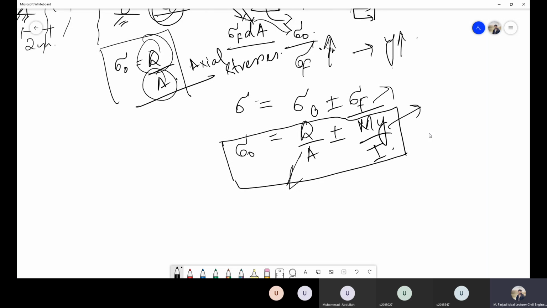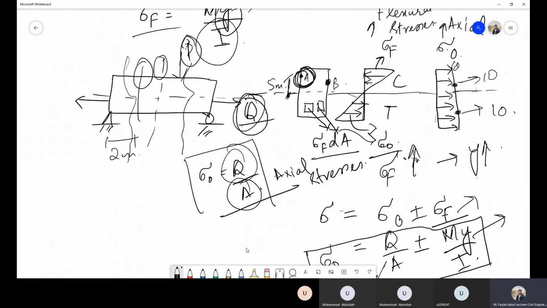But now if it asks you to calculate the total stress at any particular point, you have to report the combined effect of axial stress and the flexural stress. But again, it depends whether this load Q is acting or not.